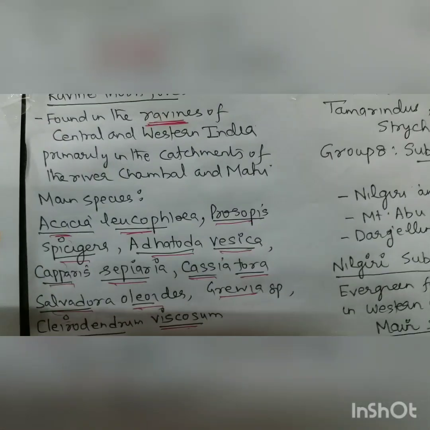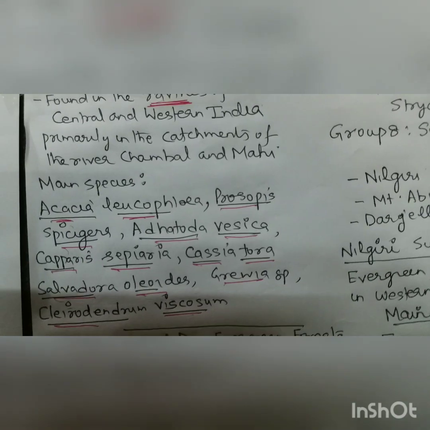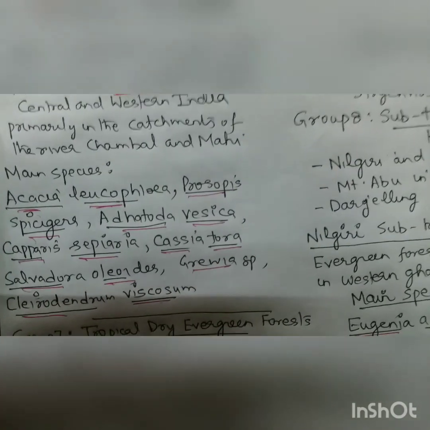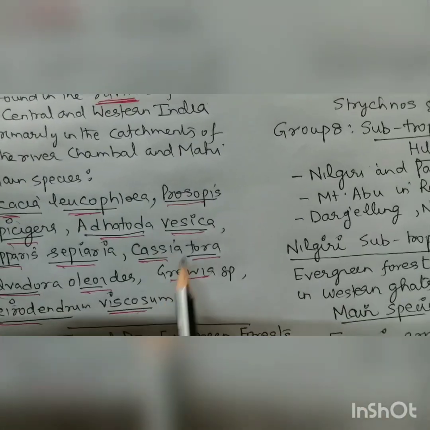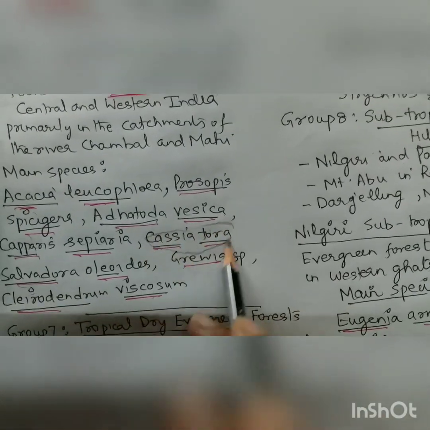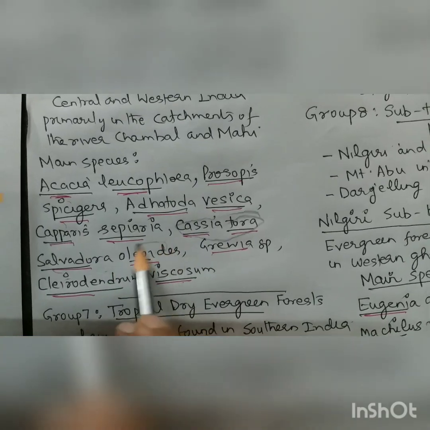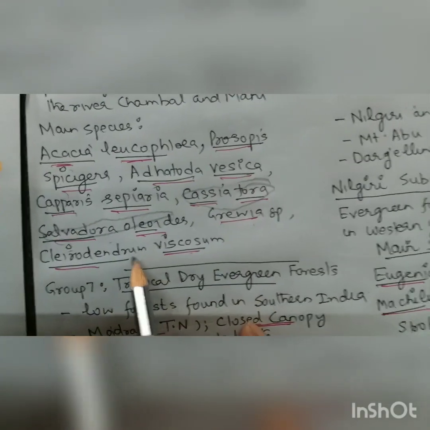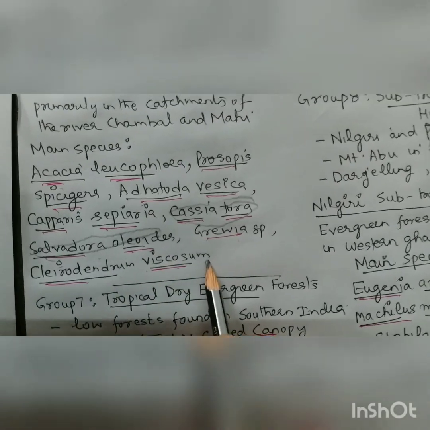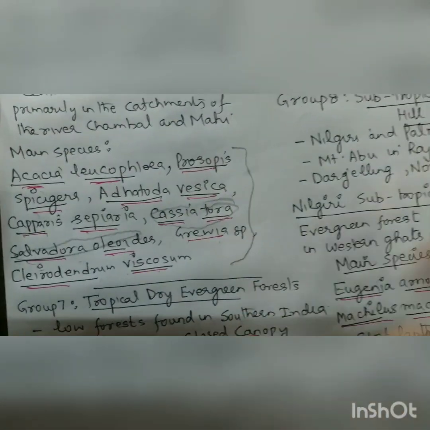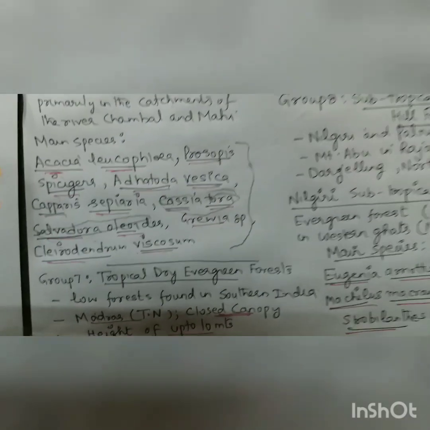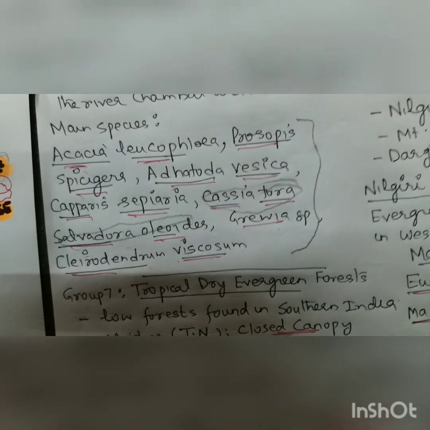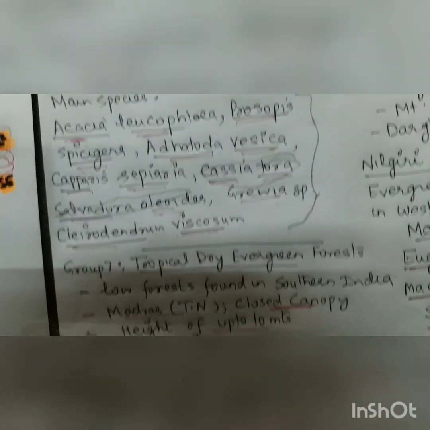Acacia leucophloea again comes, Prosopis spicigera, Erythrina vesica, Capparis sepiaria, then Cassia tora. Cassia tora is a very important species of this area. Then Salvadora oleoides, which we already did earlier, Grewia, and then Clerodendrum viscosum. So these are the main species, in particular Erythrina vesica, Cassia tora, Capparis sepiaria, and Clerodendrum viscosum.